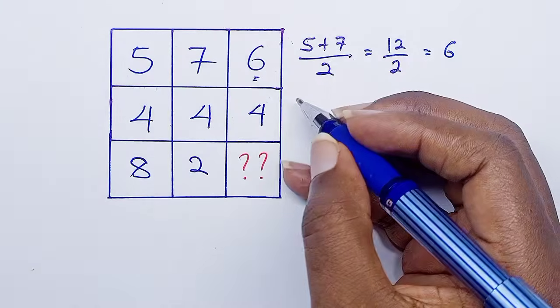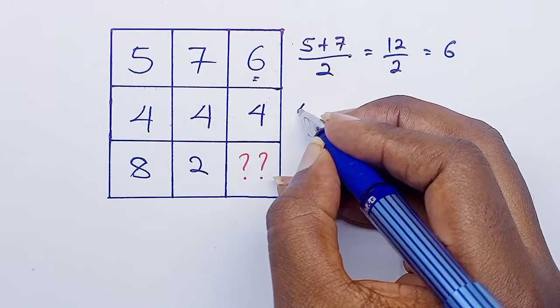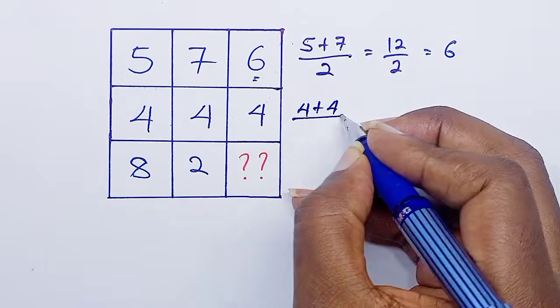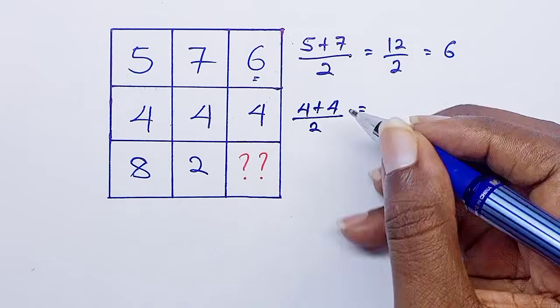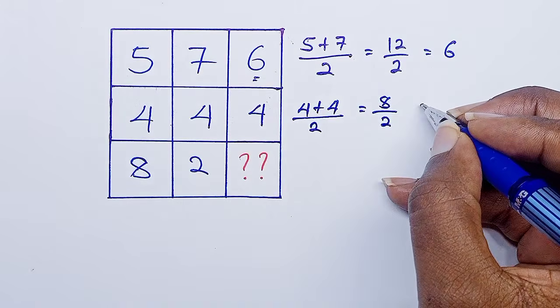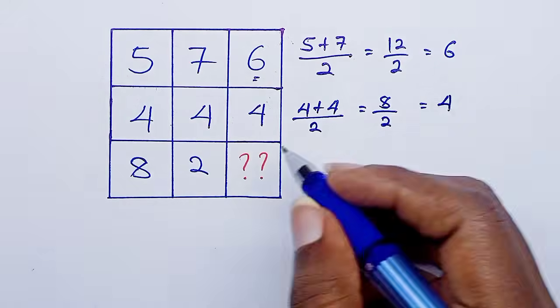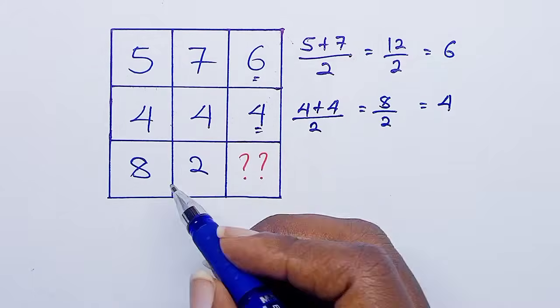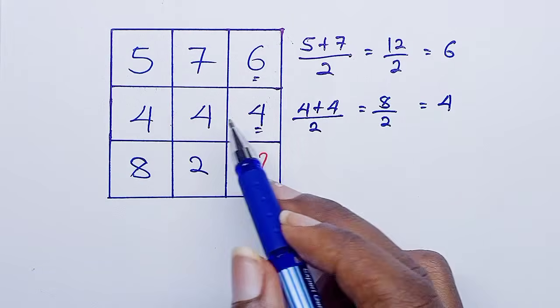Let's see for this one. You add the first 2 terms, 4 plus 4, then divide the result by 2. 4 plus 4 is 8 over 2, which is equal to 4, and it's the one they've put here. That means this also follows the same idea.